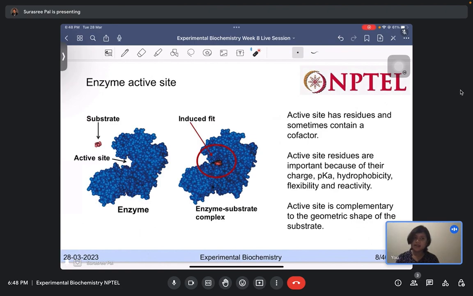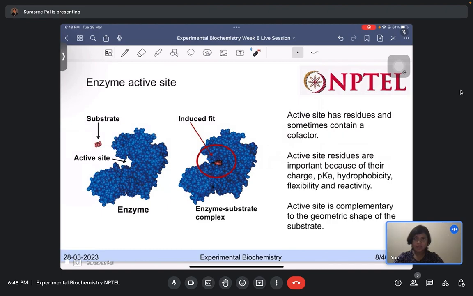Because the active site is the site where the substrate will bind. This active site is complementary to the geometric shape of the substrate. So we know that enzymes are specific for substrates.